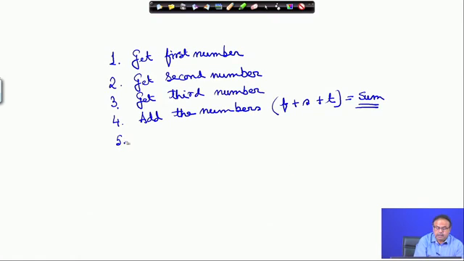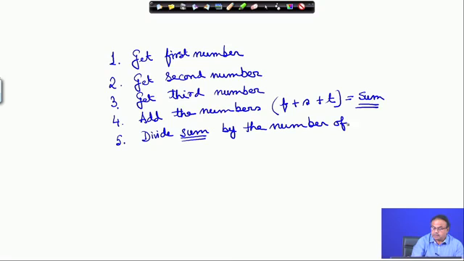and then I say divide sum, that is this sum, by the number of numbers. And what is the number of numbers? Number of numbers here is 3 because there are 3 numbers, and then say announce result.